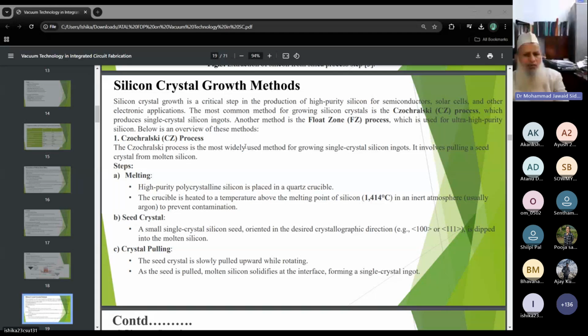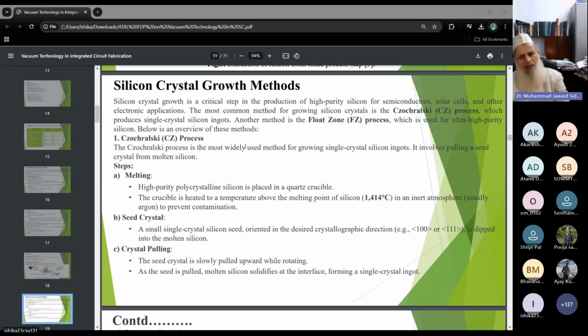The CZ process is the most widely used method for growing single crystal silicon ingots. It involves pulling a seed crystal from the molten silicon. These are the steps used in the CZ process: melting high purity polycrystalline silicon placed in a quartz crucible. The crucible is heated to a temperature above the melting point.